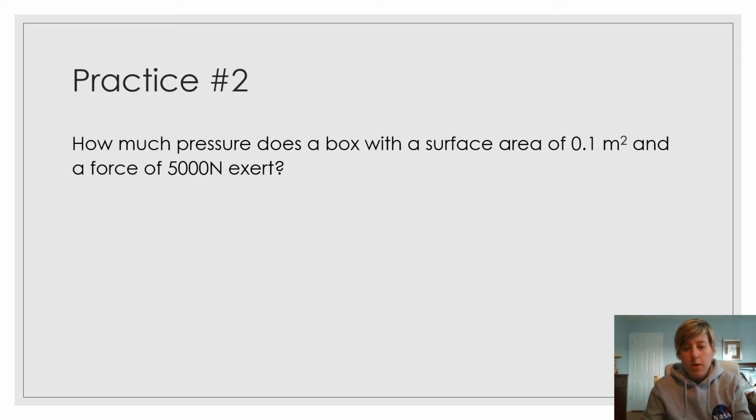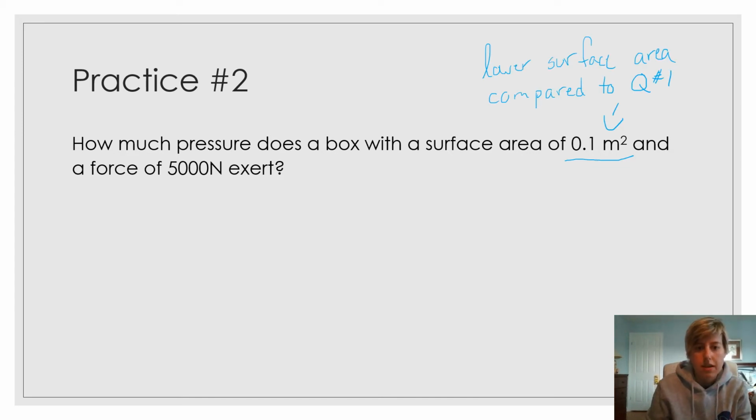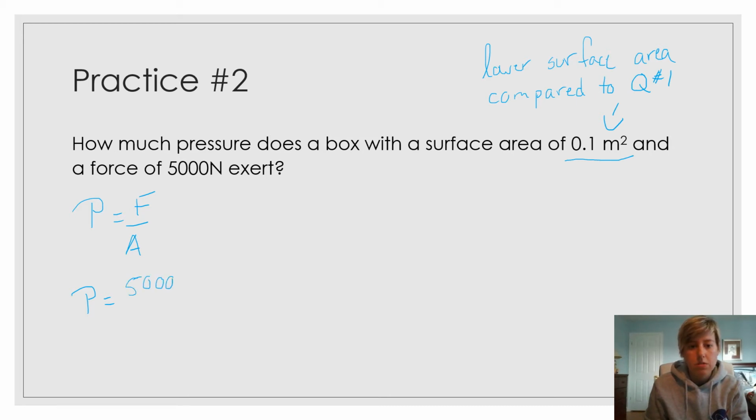Okay, so in question number 2, we've kept the force the same, but we've lowered the surface area, and we want to see if this is going to make an impact in the pressure that we're going to calculate. So our equation is still the same, pressure is equal to force divided by area. The force is the same as the last question, 5,000 newtons.